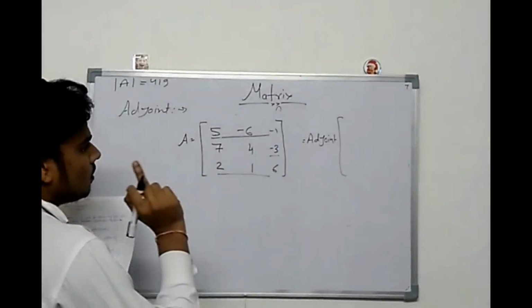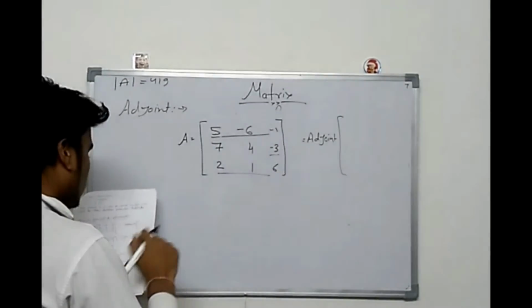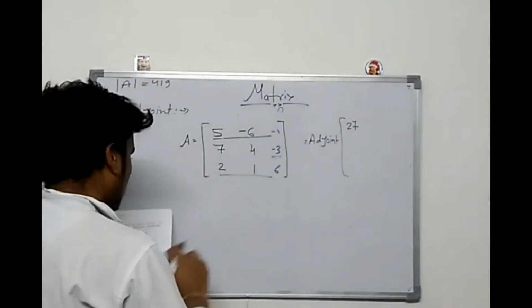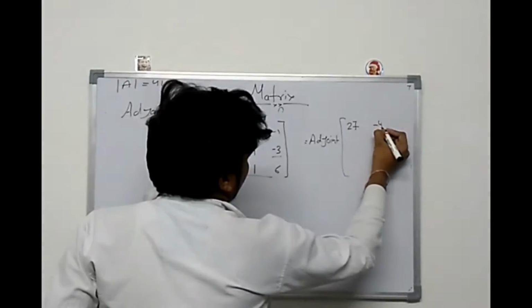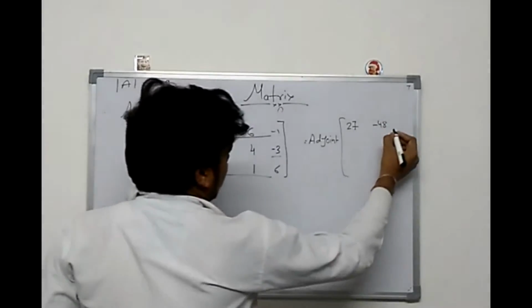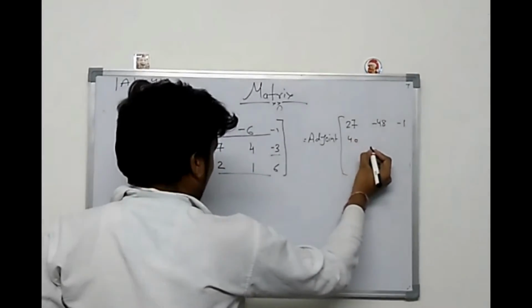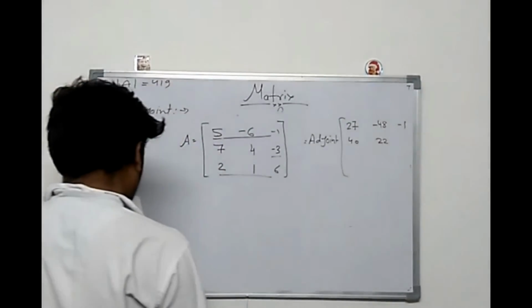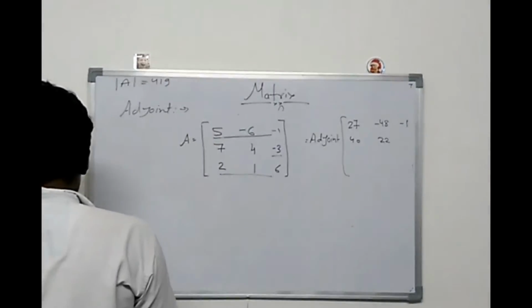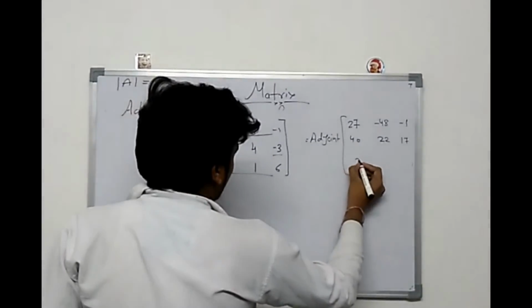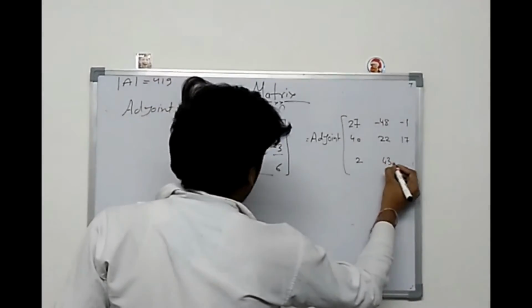With the signs, we solve that cofactor, and the values will become 27, minus 48, minus 1, 40, 22, 17, 2, 43 and 62.